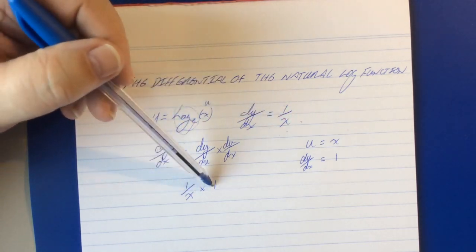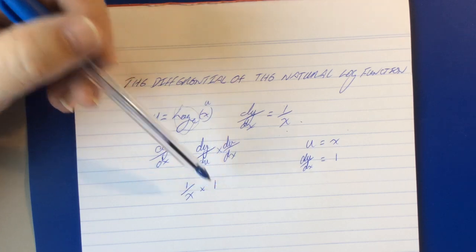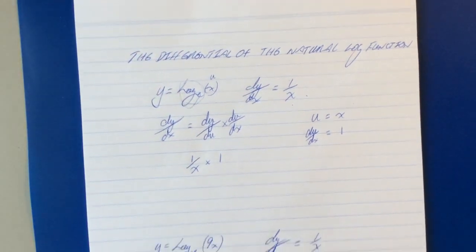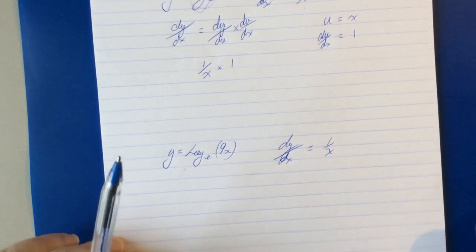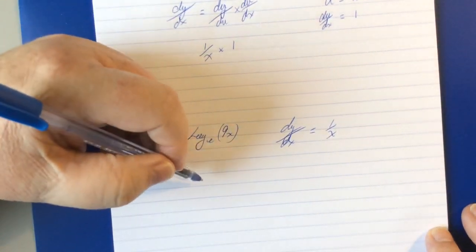Now this is why. It's also why the differential of this is 1 over x. So let's have a look at how this works.